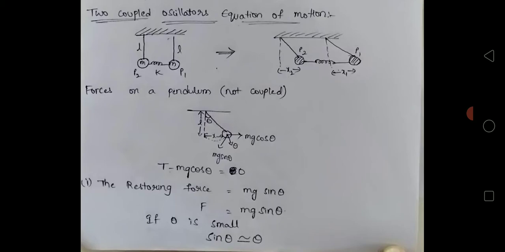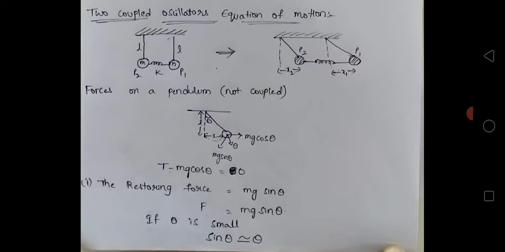Okay, next. In this pendulum we have forces. Let us see what the first force is here. We are taking the restoring force. Restoring force is equal to mg sin theta. That means we have taken mg cos theta and mg sin theta. In the previous equation we used mg cos theta.